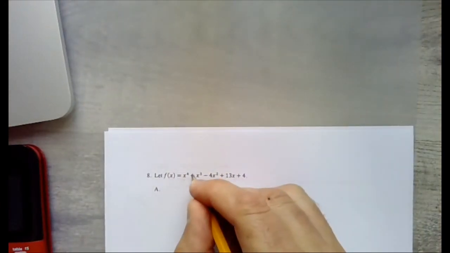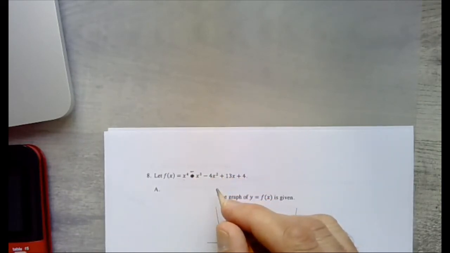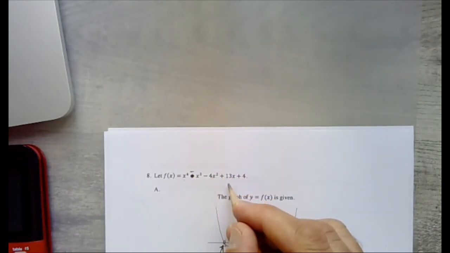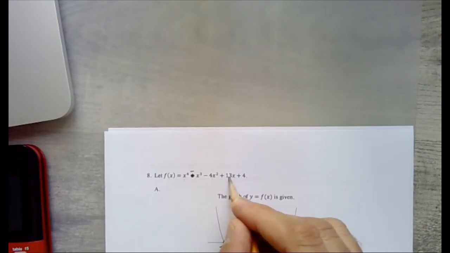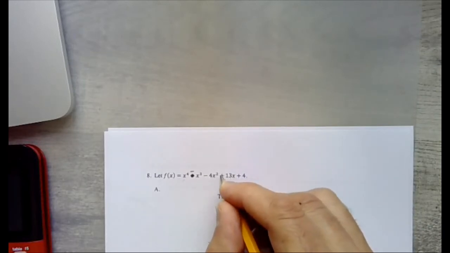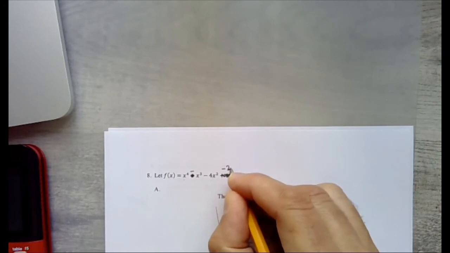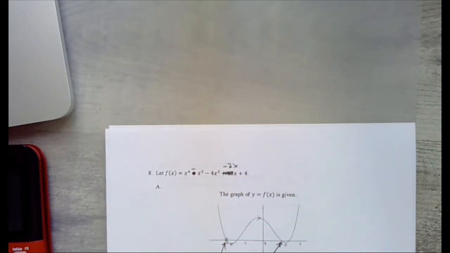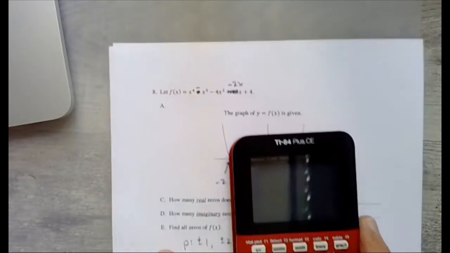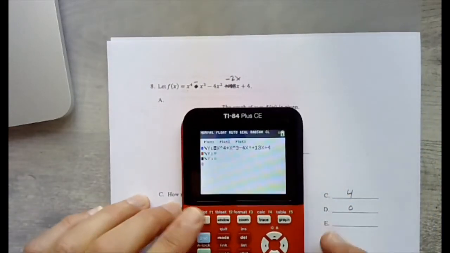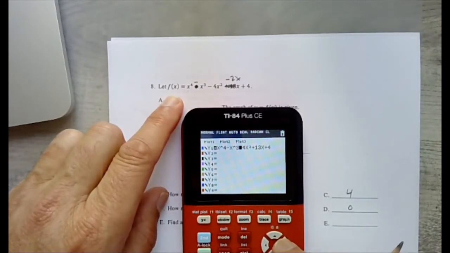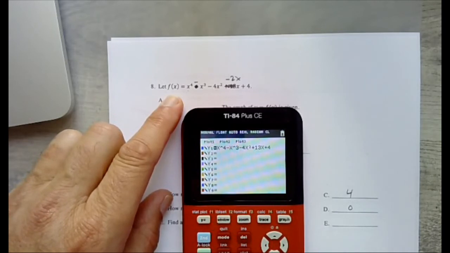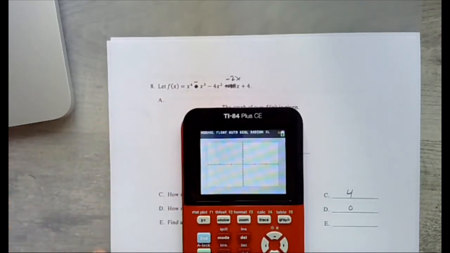This should be a minus. And then minus 4x squared. And this should be minus 2x. Sorry. And then plus 4. All right, I think that's the right graph. All right, so let's see if I change that. All right, so this is x to the 4th minus x to the 3rd minus 4x squared. This should be minus 2x plus 4. Let's see if that one looks like the graph.